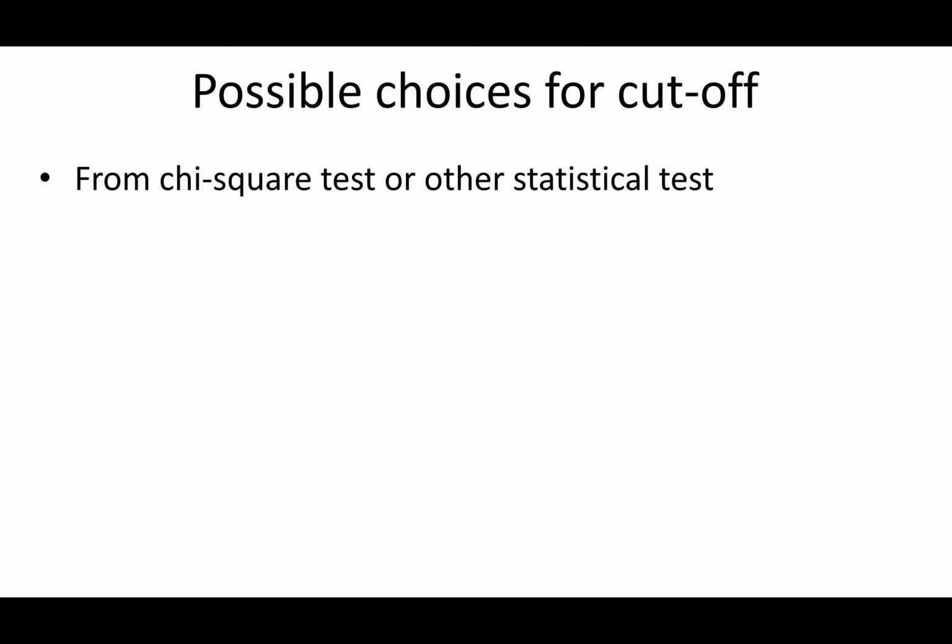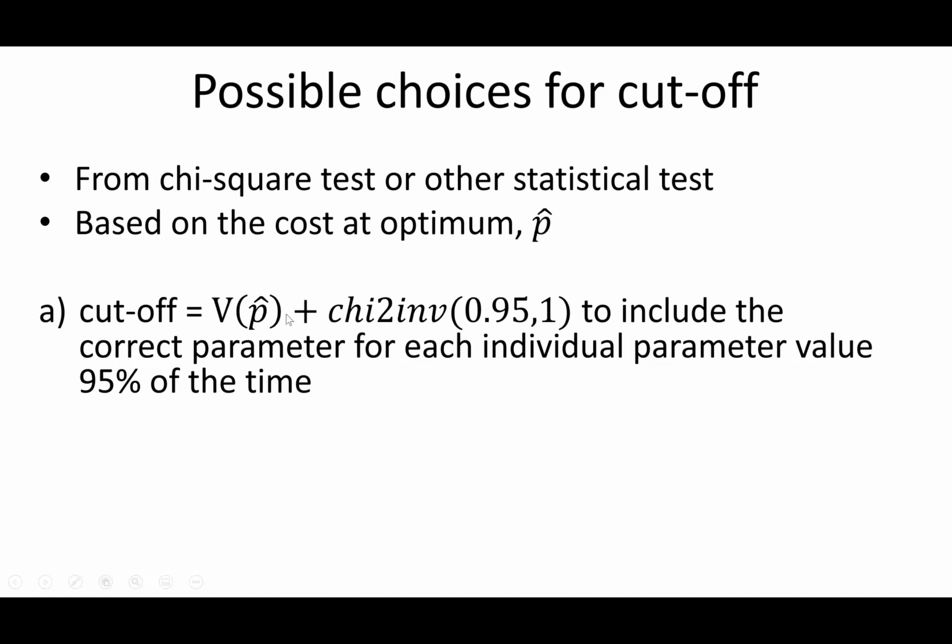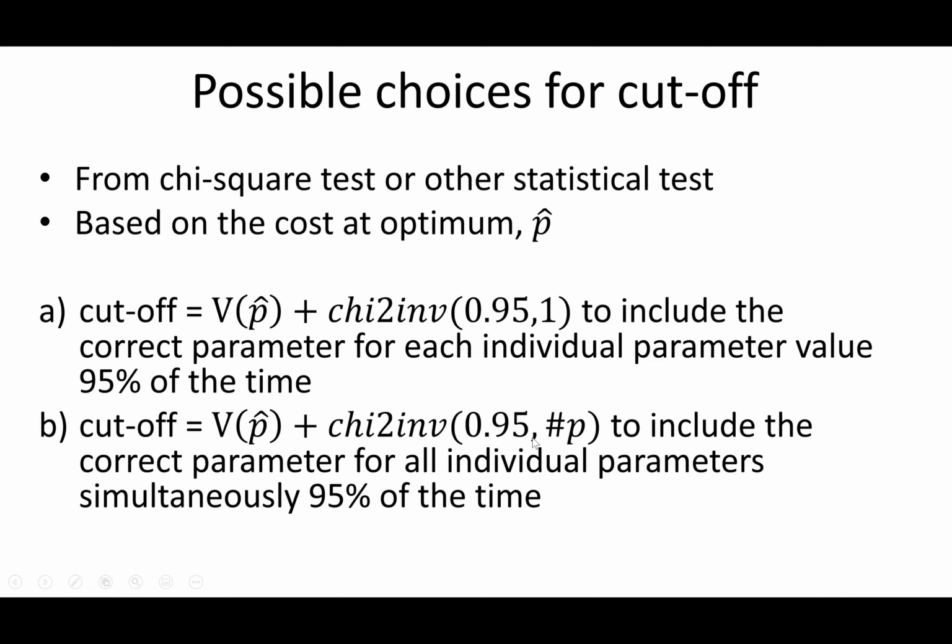If you want to use statistical tests, which also is a good idea, and they should typically go hand in hand, you can either use some chi-square based test or some other statistical tests just to test the quality of the model, or if you want to follow the full recipe of profile likelihood, you start with the optimum and then you see how much above the optimum you can go, and then depending on if you just want to ensure that each individual parameter lies within the confidence interval 19 out of 20 times, so 95% of the times, or that all parameters lie within the confidence interval 95% of the time, you get slightly different cutoff.